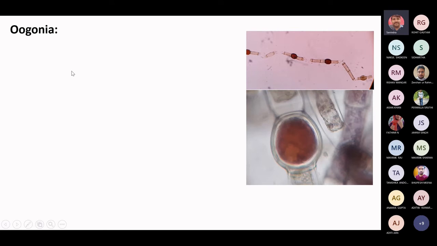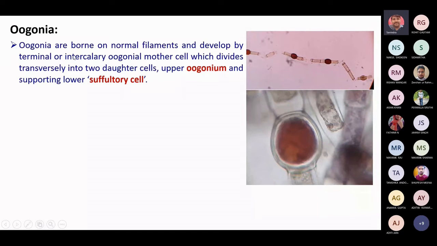First, we will discuss the oogonia, the female reproductive structure. Oogonia are borne on normal filament and developed by a terminal or intercalary oogonial mother cell, which divides transversely into two daughter cells, the upper oogonium and the supporting cell, the supplementary cell. It is not visible here; I will show you in the coming slide.